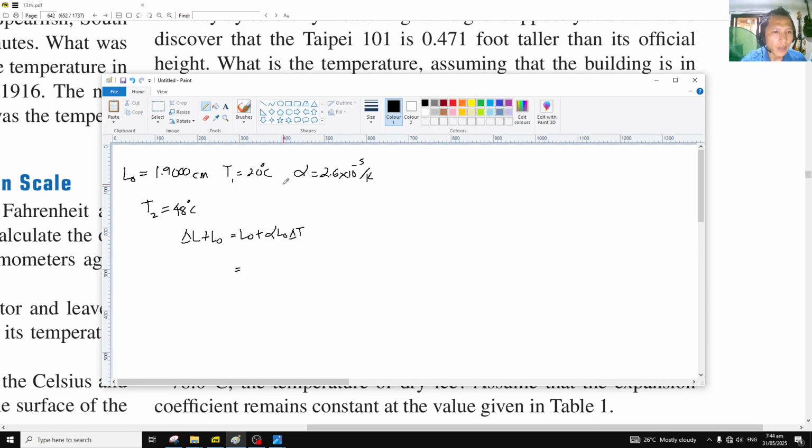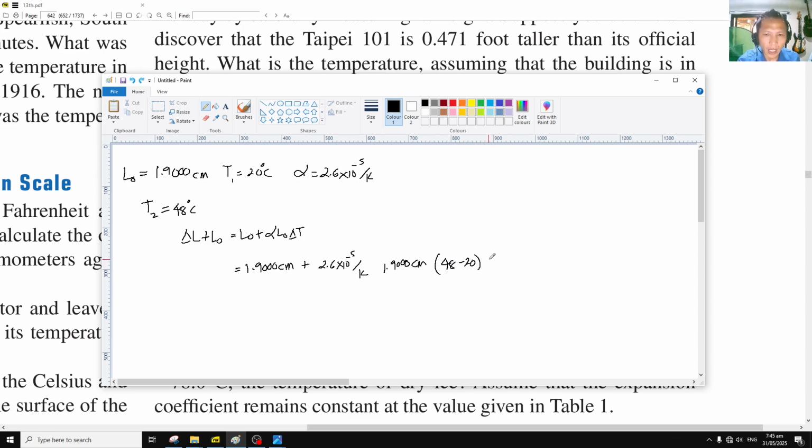So you can factor out L0: 1.900 centimeter plus alpha, 2.6 times 10 to the negative 5 per Kelvin, times L0, 1.900 centimeter, times the change in temperature, 48 minus 20 degrees Celsius.